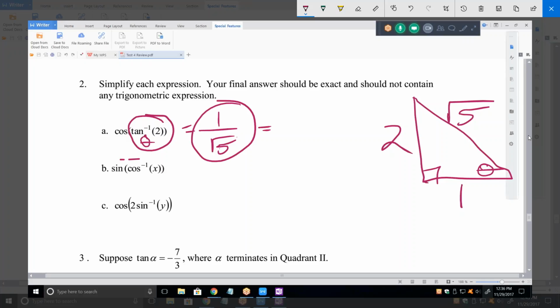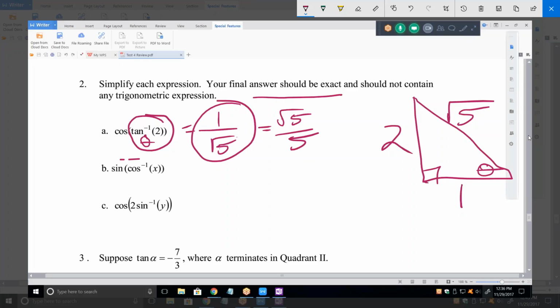No, rationalize it. That's not rationalizing it. Your answer should be exact. That means you don't round it off, you don't get rid of radical signs. Oh, it'd be square root of 5 over 5.